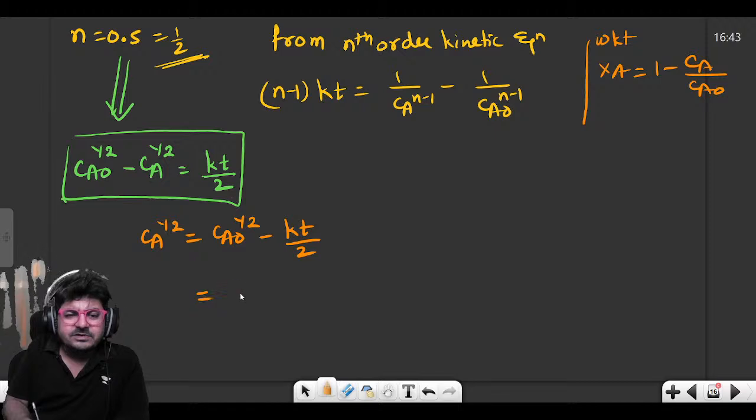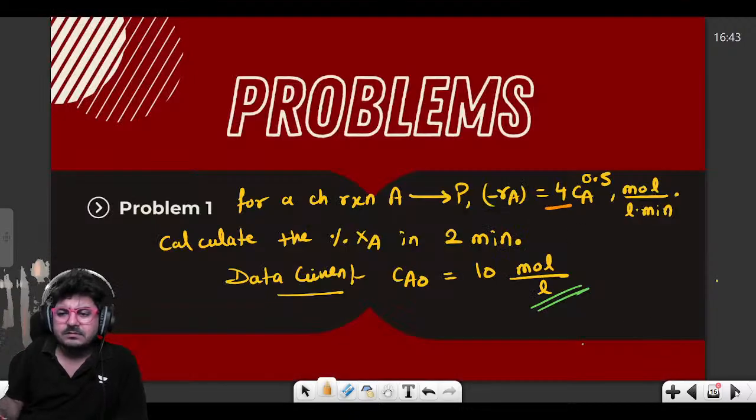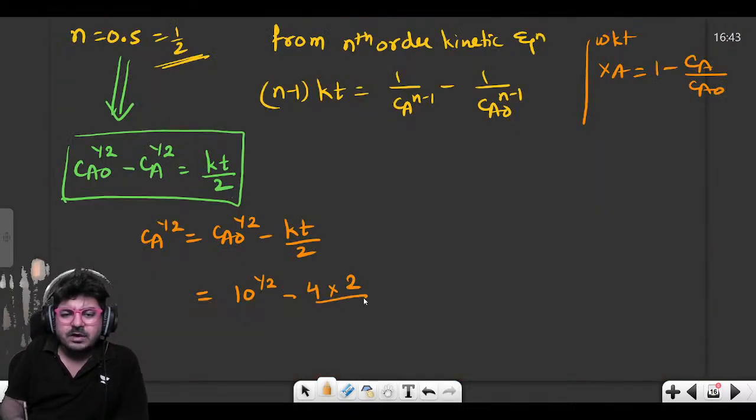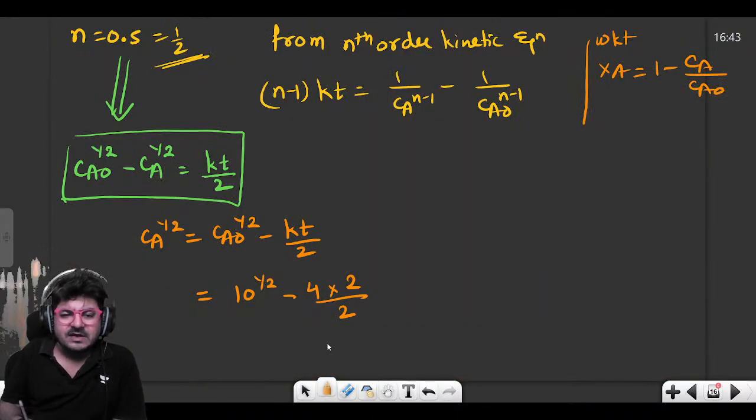So let's put the values. Ca naught is 10 power half, minus K is 4, as you can see, T is 2, upon 2. I am not writing the units because all the units are consistent. Concentration is in mole per liter, K is in mole per liter per minute, time is in minutes, so all the units are consistent. So from here you will get Ca power half.